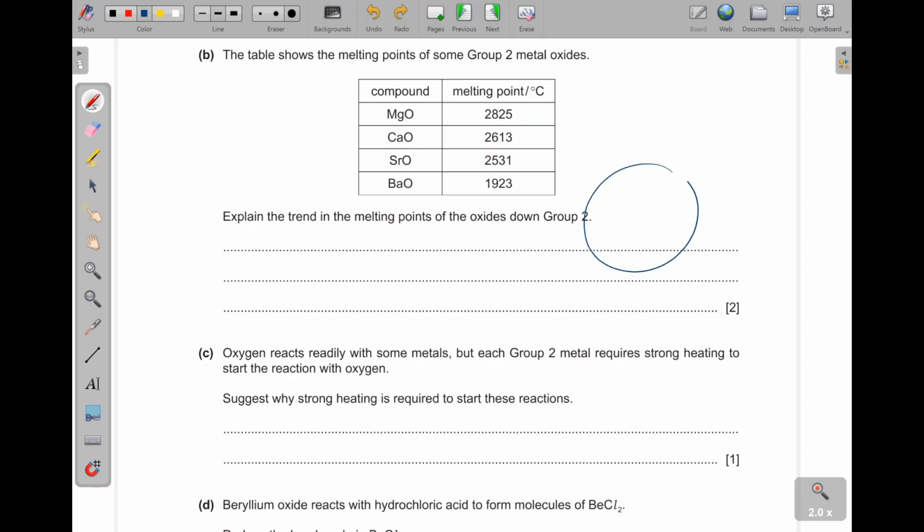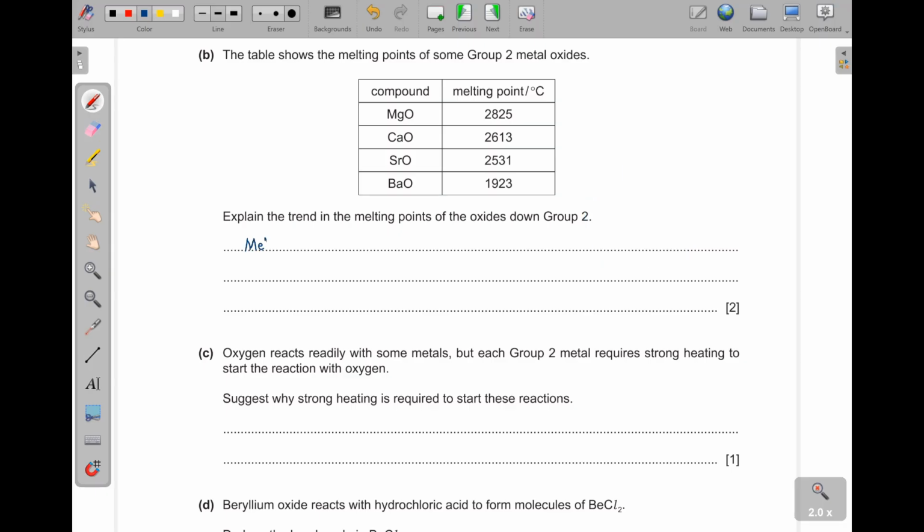If the sizes are increasing, that simply implies that we are going to have an attraction here which is going to be small, because the attraction of the negative charge of the oxide ion has to be between it and the nucleus of this cation here. Now, because the length here is too big, that simply implies that the attraction is going to be weaker.